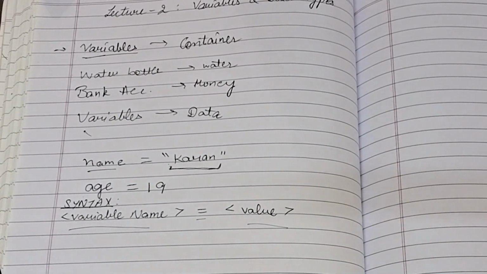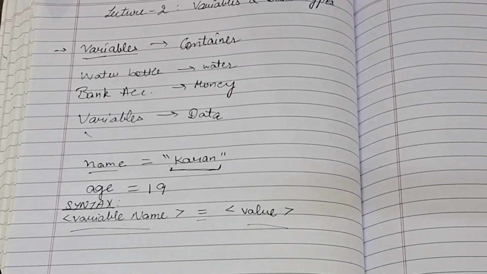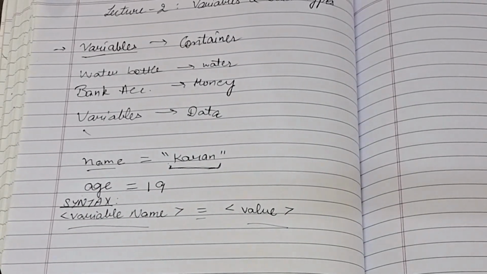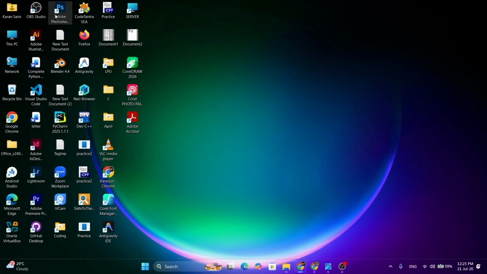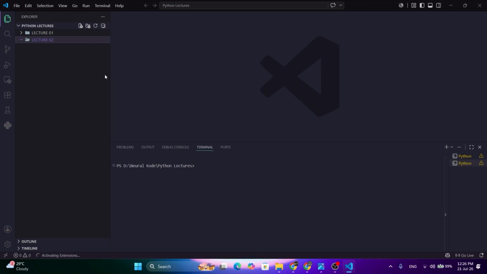So next, let us move to the screen now. We will open VS Code and open the folder where we left off. I have opened VS Code and created another folder named lecture 2.